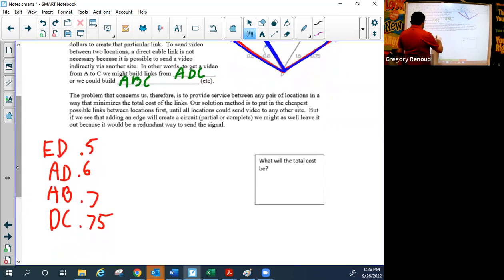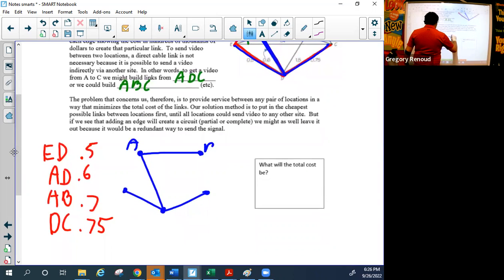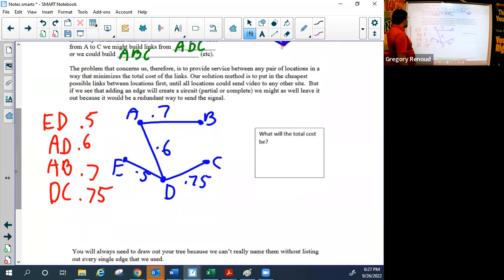So let's draw the tree just down here. It'll look something like this. Where we had A, B, C, D, E. ED was 0.5. AD was 0.6. AB was 0.7 and DC was 0.75. So that's how we created our tree. All the vertices are connected, but no circuits.